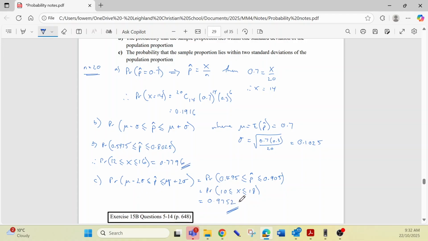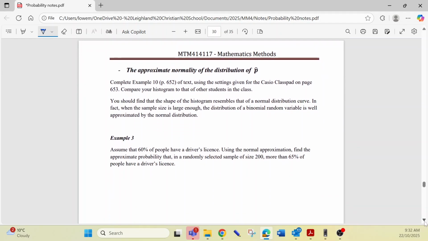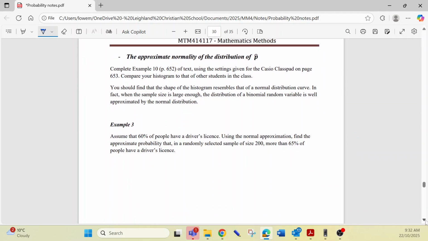So from there, this is the exercise you could work on. Meanwhile, I shall keep going.